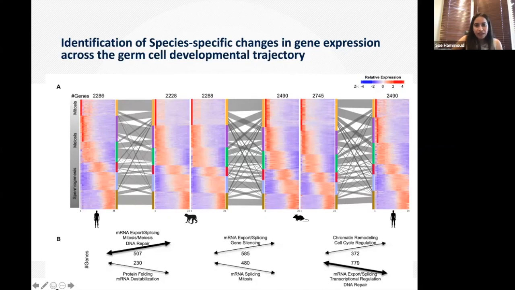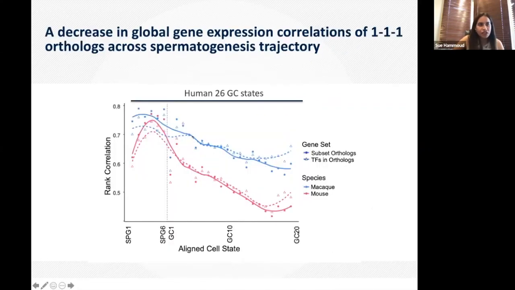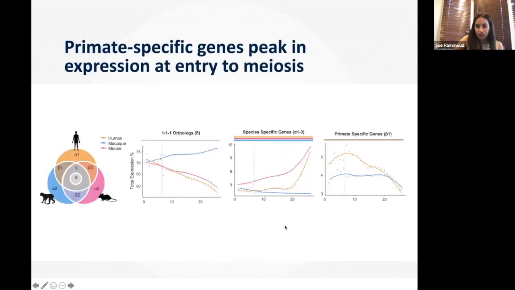The next thing we wanted to compare are the global correlations across the differentiation trajectory, using the human as a reference. We find that the correlations in the spermatogonial stem cell populations tend to be much higher when comparing human spermatogonia to mouse and monkeys. However, the global gene expression correlations using one-to-one orthologs actually decrease during the differentiation trajectory.